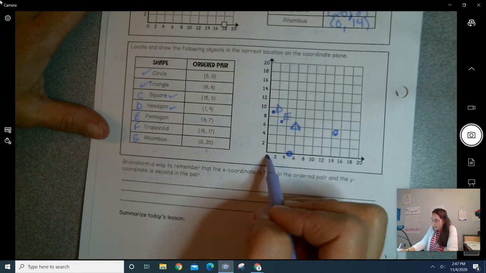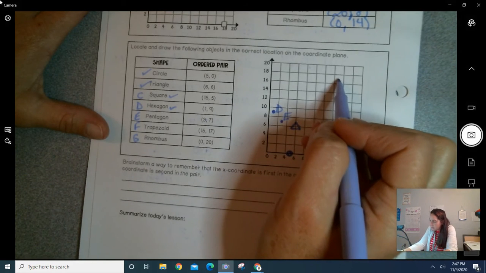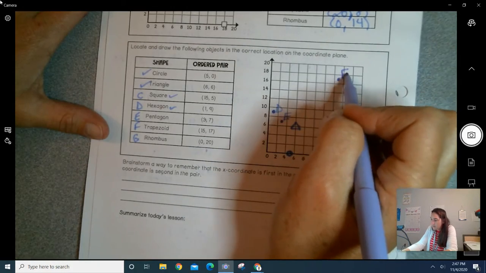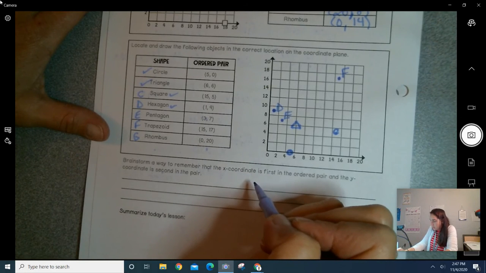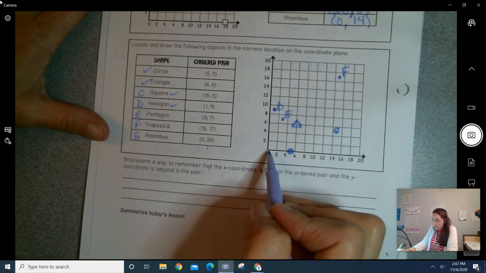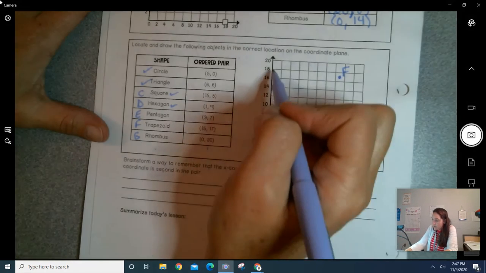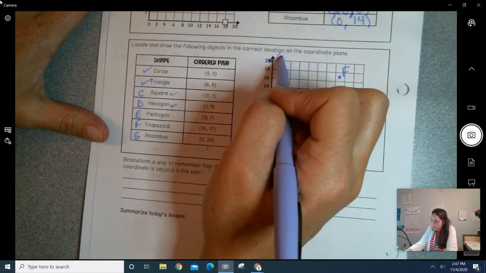So you would have gone to the right 15 and then up 17. 15, 17, we should be about right here with your F. And then the rhombus should be at the point 0, 20. And the point 0 means we don't move horizontally at all. We stay at 0 and then we go up 20. And that's where our point G should be.